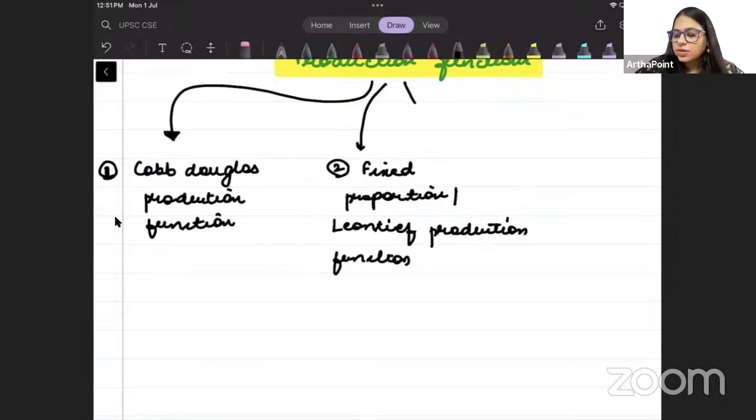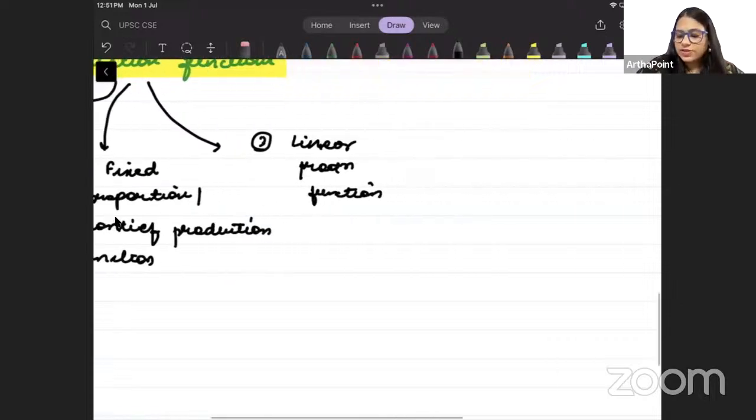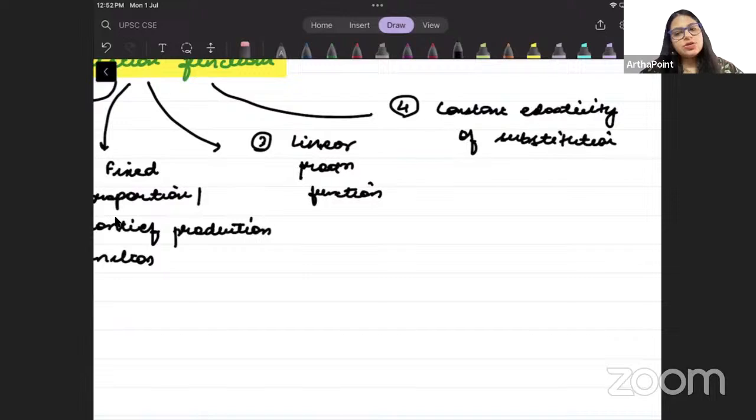The third one is known as the linear production function. And the last one is known as the constant elasticity of substitution production function, CES production function.